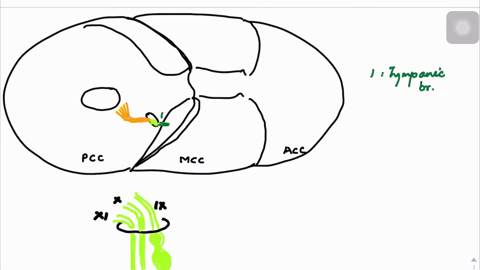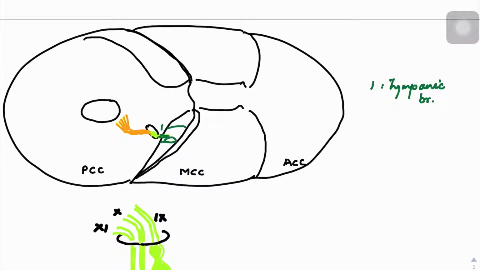Once it supplies the middle ear, like this is the middle ear, and this is the tympanic membrane, it supplies the tympanic membrane by forming a plexus along with the other nerves inside the middle ear, which is called as tympanic plexus.